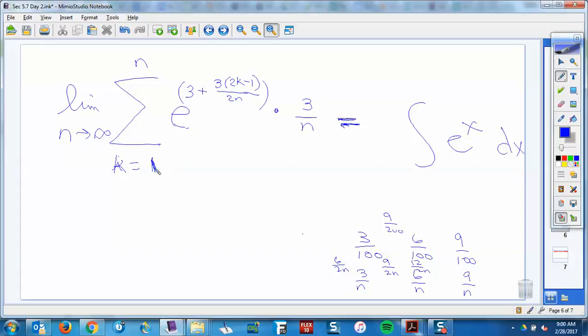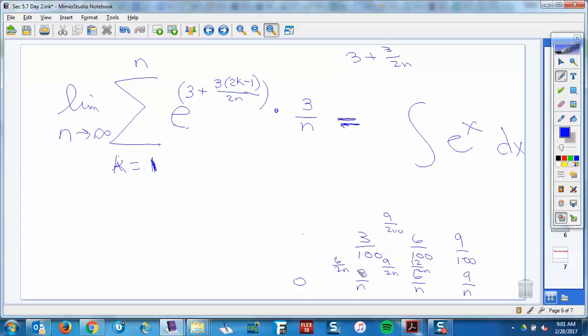But what did we say? We said let's plug a 1 in, right? So we plug a 1 in. We get 2 minus 1 is 1. Times 3 is 3. So we get 3 plus 3 over 2n. Now, what did we just say? What was the width? 3 over n, right?